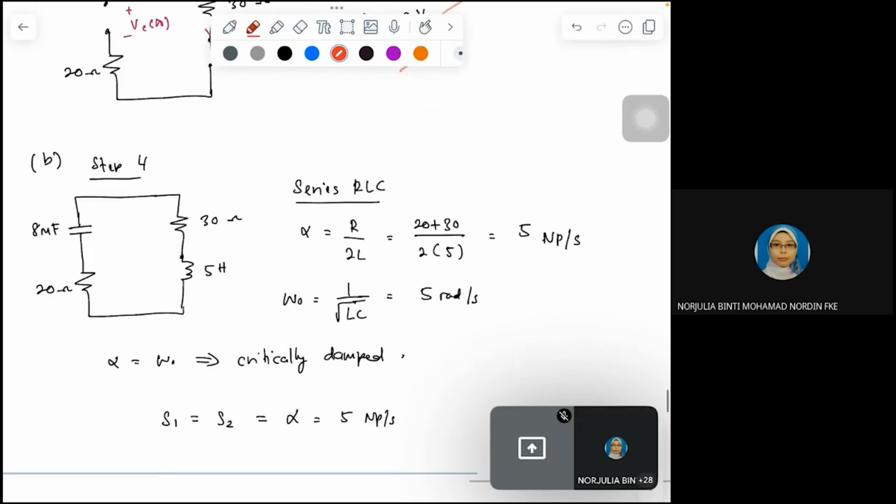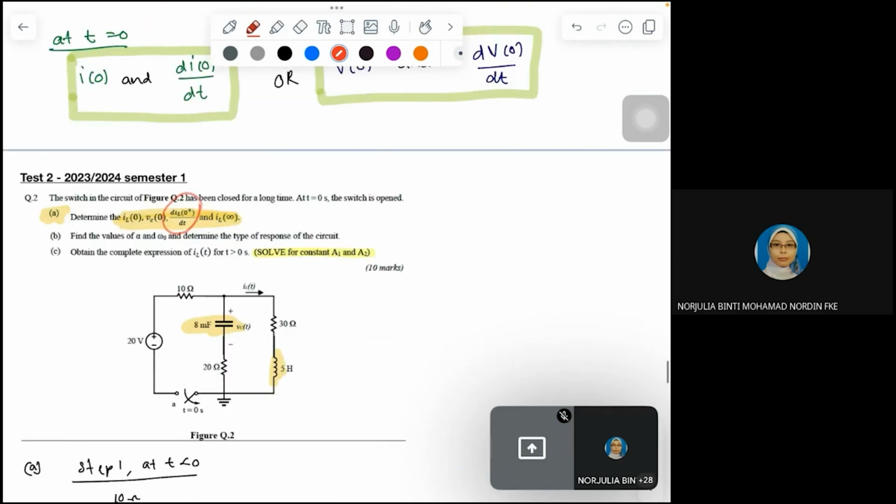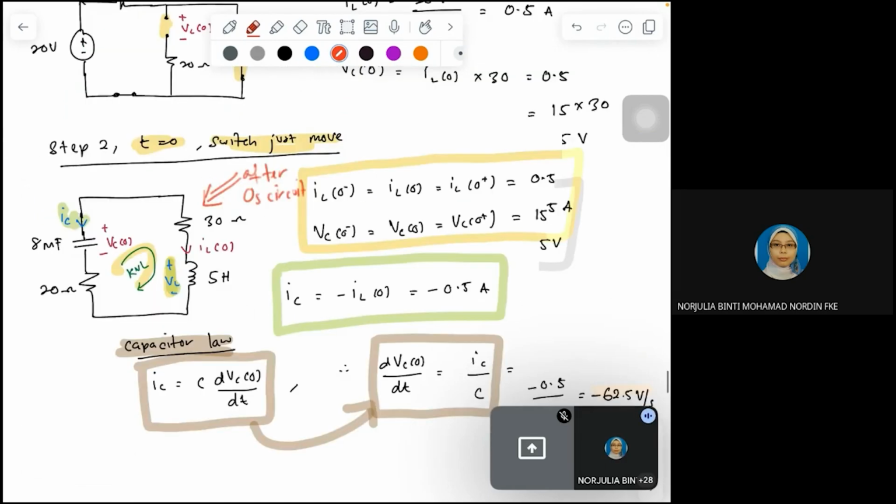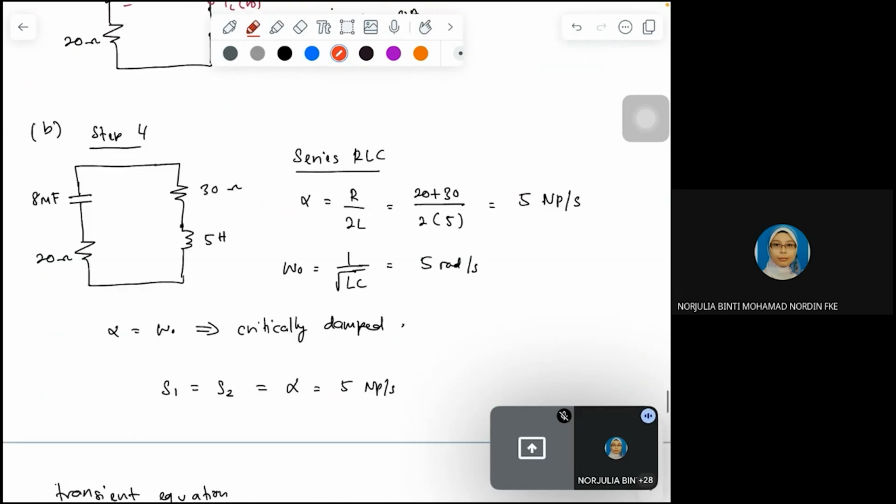And then question B: find the value of alpha and omega naught and determine the type of response. For question 2B, this falls under step 4, where your circuit is at transient.